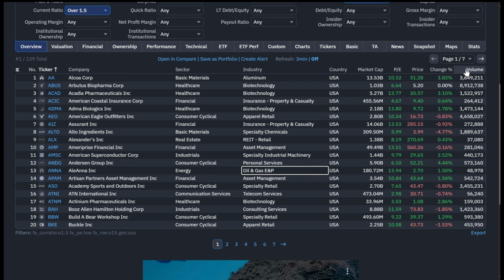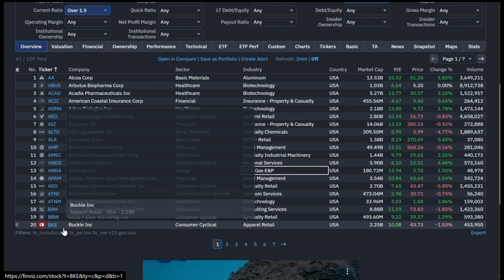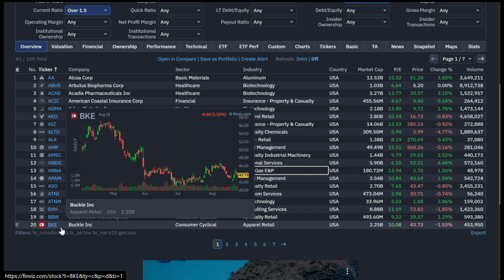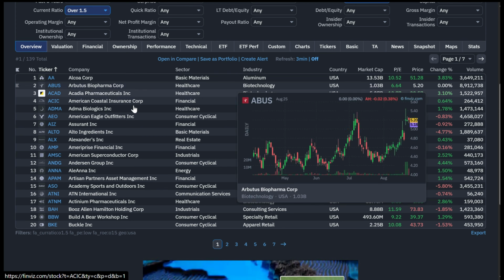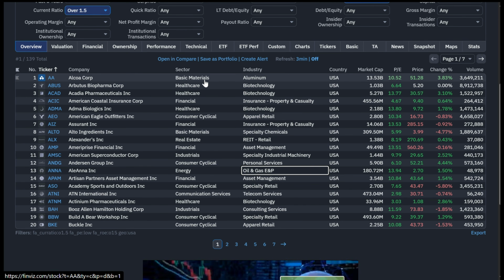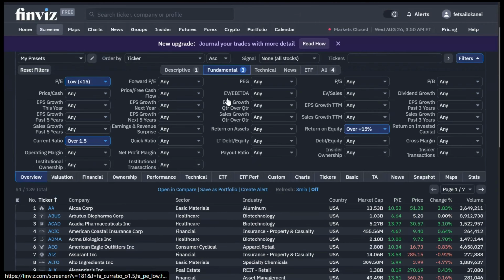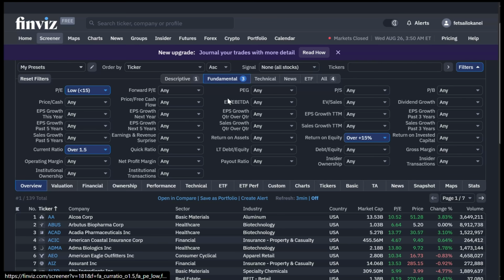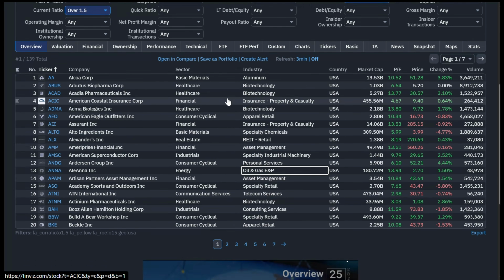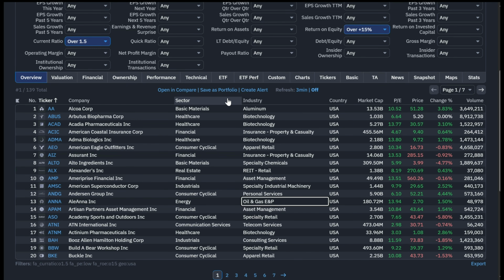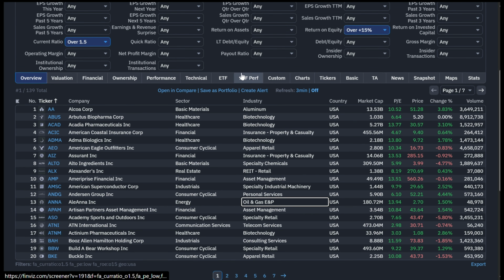I could start using volume, and price to equity. You can see this one has high debt, but the earnings are okay. So you can see, just tweaking these filters to your desired pricing, and going on from there.